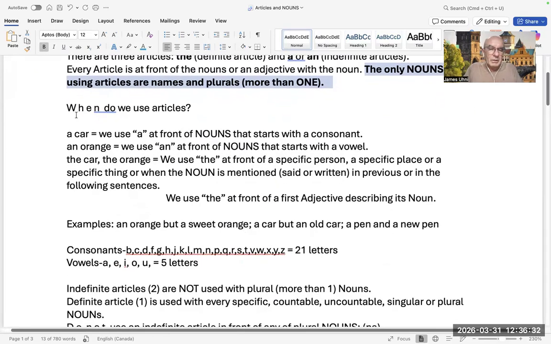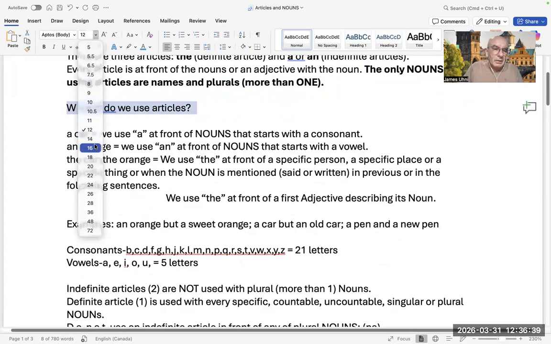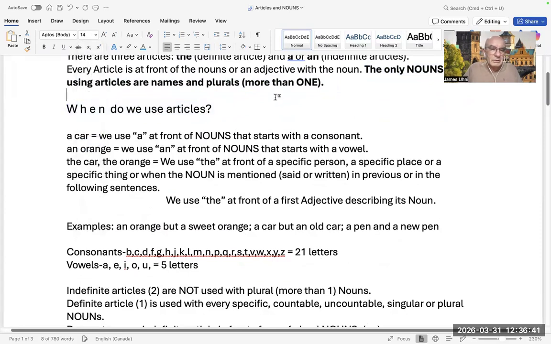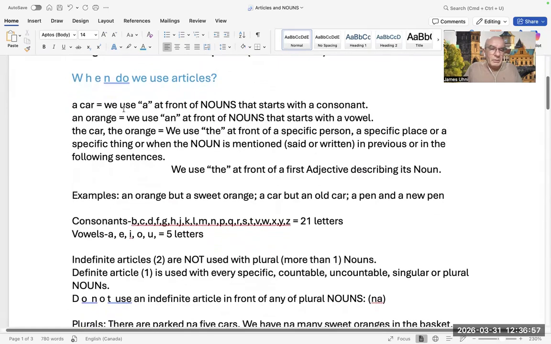When do we use articles? I will make it a little bit bigger, let's say 14, so it stays more visible. Let's make it colorful. A car: we use a in front of nouns that start with a consonant.